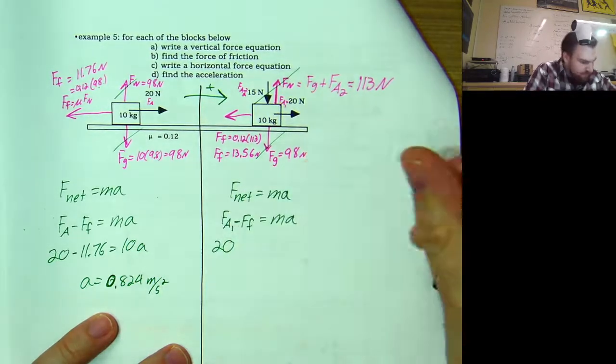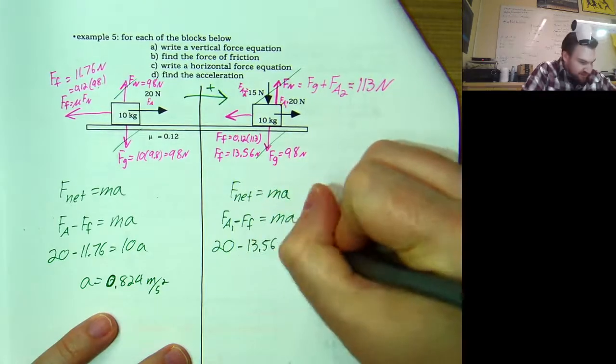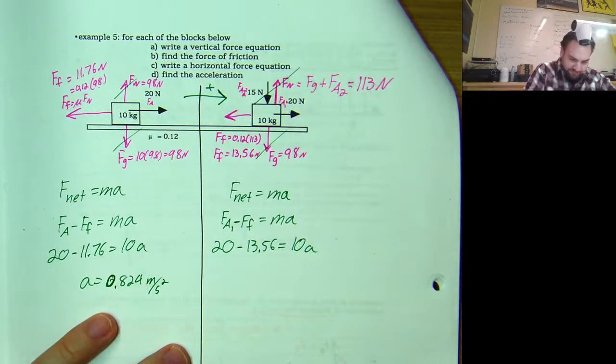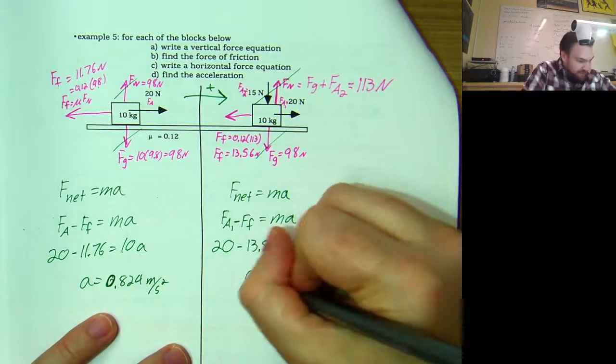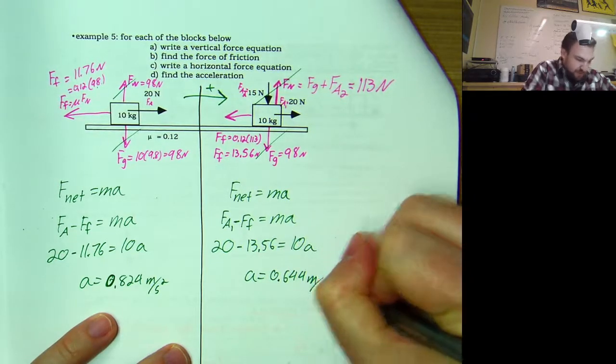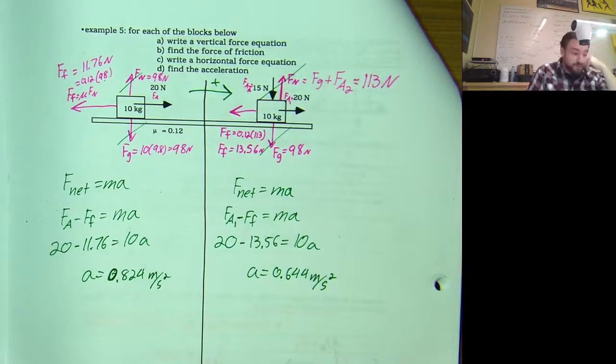Fa1 is 20 minus 13.56 equals 10a, which means my acceleration is 0.644 meters per second squared. So it's actually making it harder to accelerate forward for a sliding object.